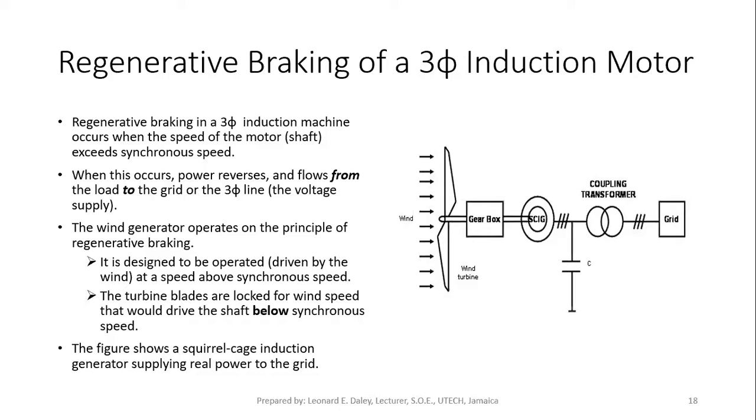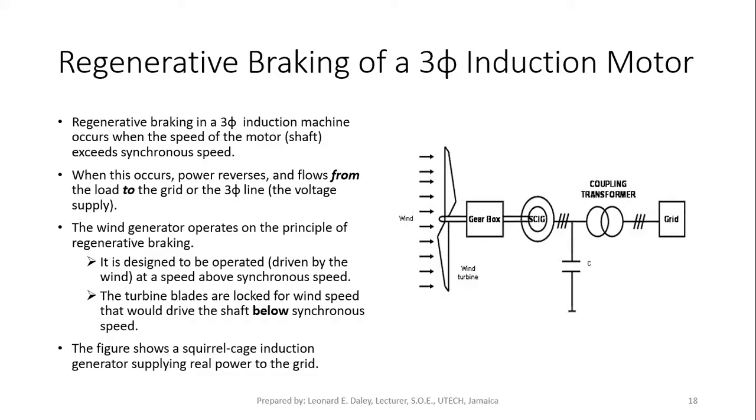So think of the power flow diagram, for example, of the induction motor. Reversal of the torque causes a reversal of the power flow. So the power now will be flowing from the load side back through the machine and eventually out to the electric power source.